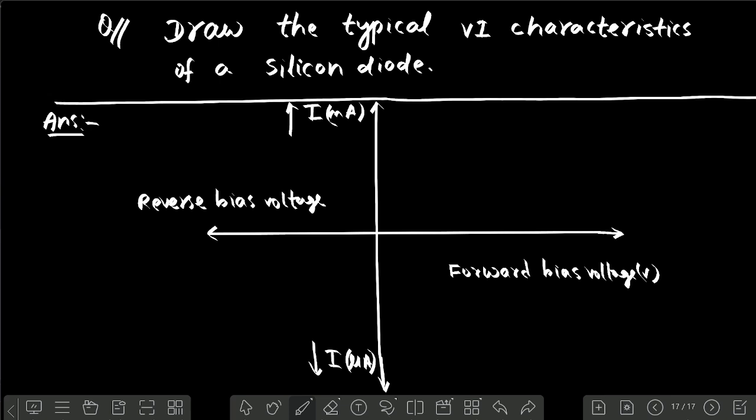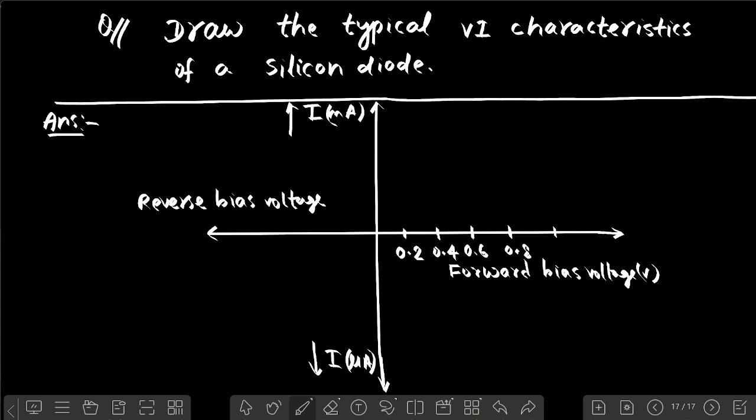Now scaling you take. What scaling? First, this is 0.2, this is in volt. Next 0.4, then 0.6, then 0.8, like this voltage you take.